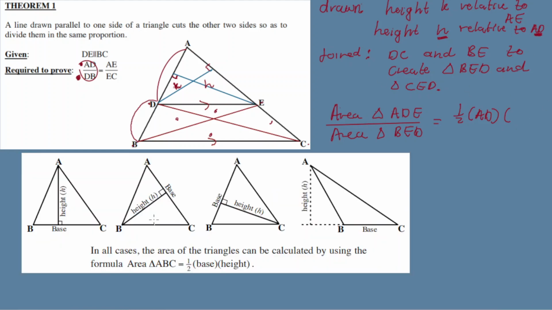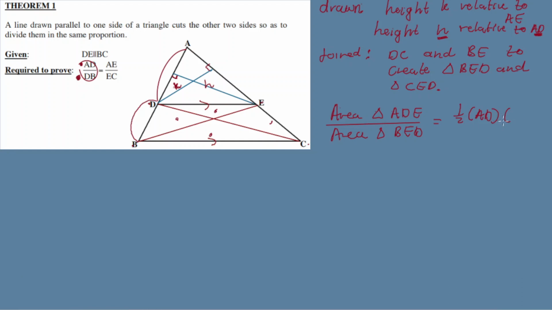Remember, a height must always be perpendicular to your base. So therefore our height here will be h, divided by half AD. I mean, what's this? What's the base? I want to say when I calculate the area of BD or DB it becomes the base.